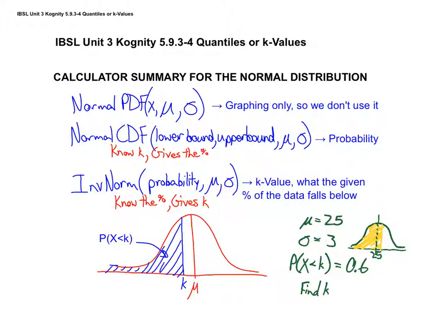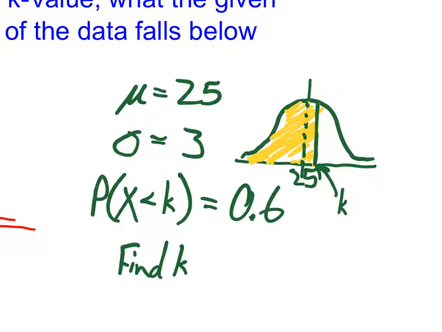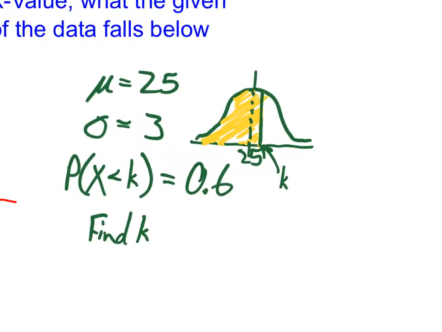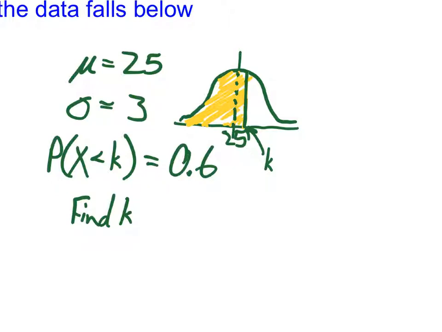So that's the 0.6, and k is going to be this value right here. In order to find that value of k, we're using a new function on our calculator we haven't used before, and that is the inverse norm.